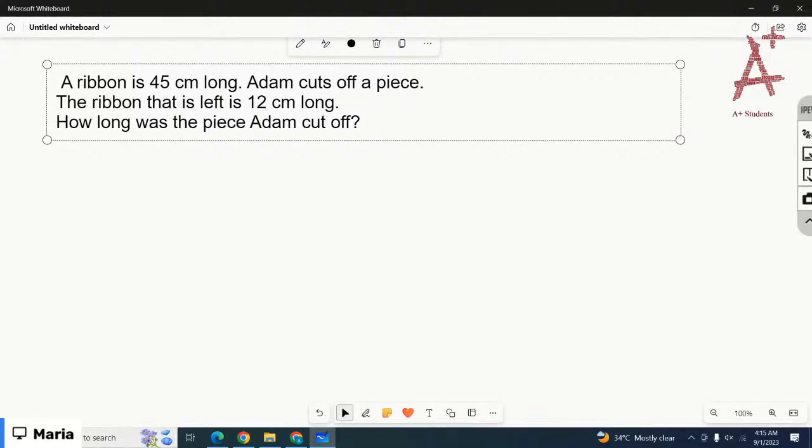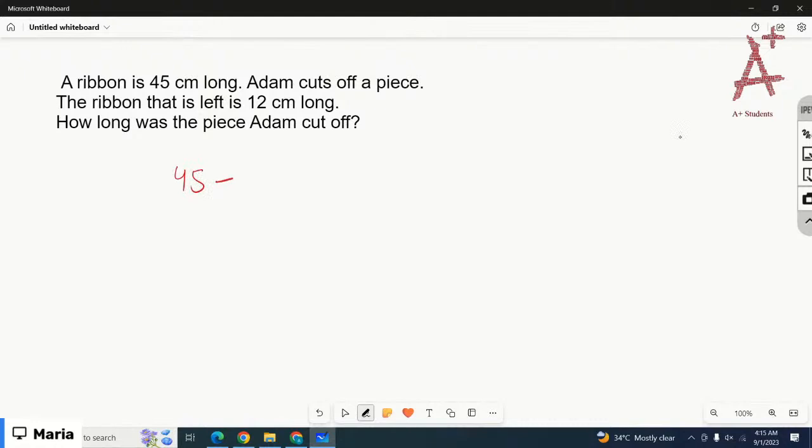The ribbon that is left is 12 centimeters long. That means out of 45, he cut a piece. You don't know the length of the piece he cut. How long was the piece Adam cut off? You have to calculate the value of P, right?